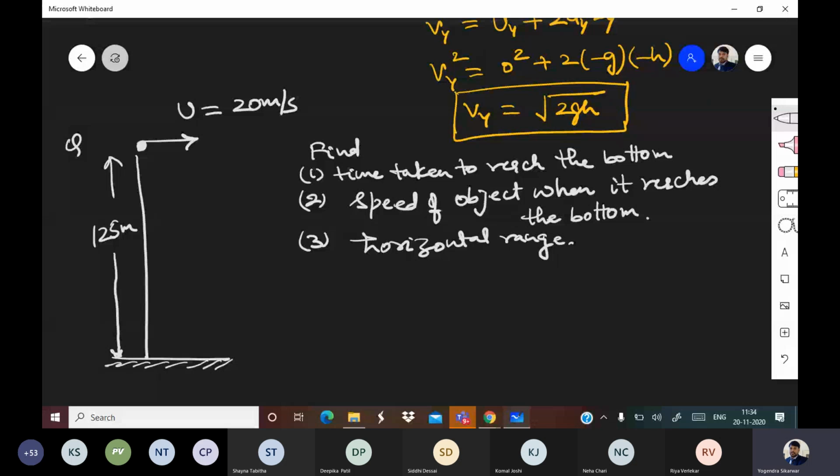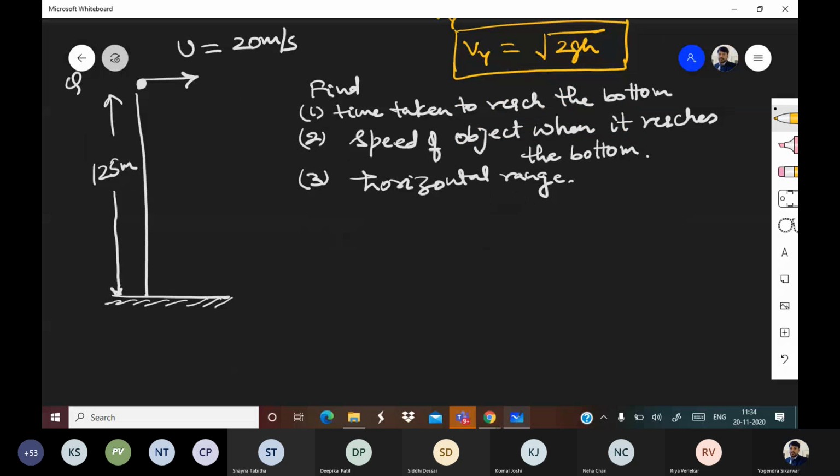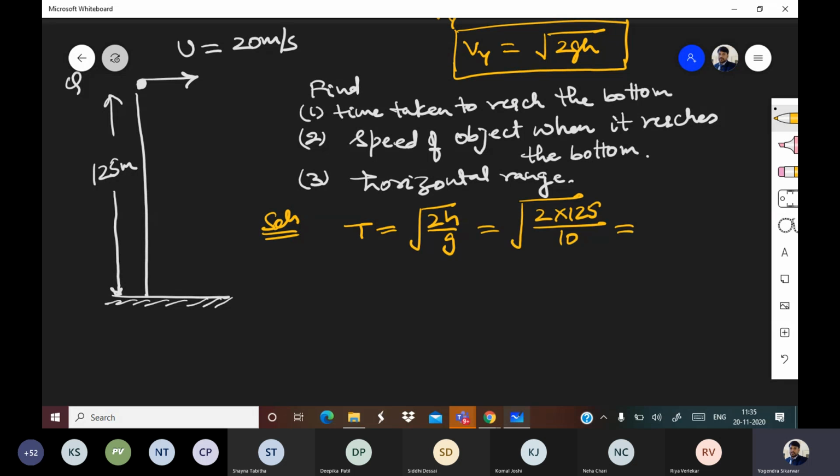Okay, so time. Pay attention everyone, you will find something quite interesting. Time t will be under the root of 2h upon g, which is 2 into h is 125 upon g is 10. So that becomes root of 25, that is 5 seconds.